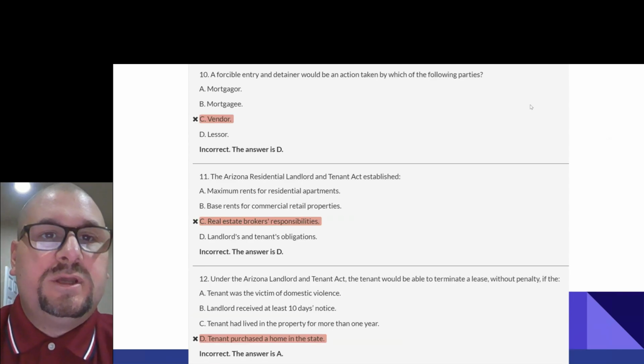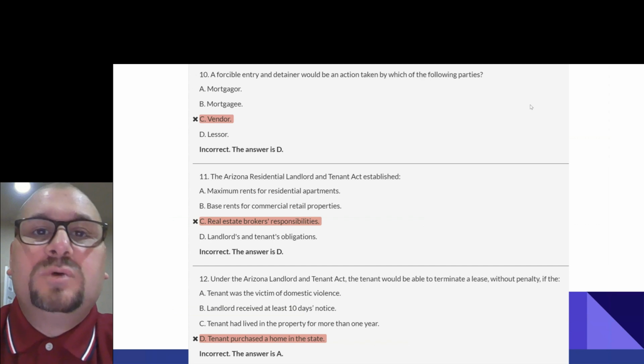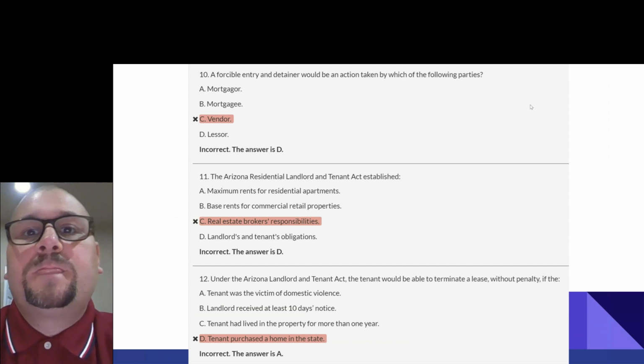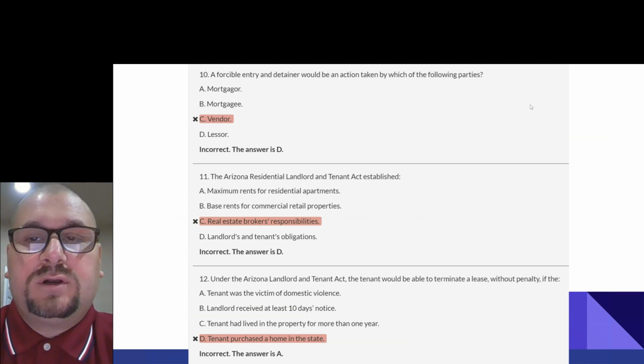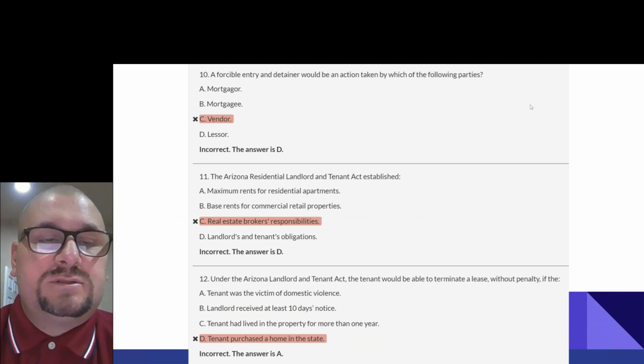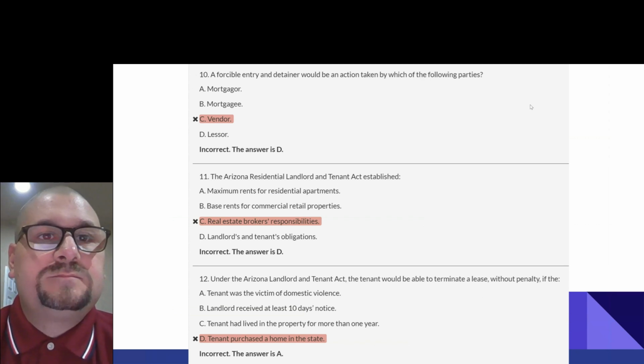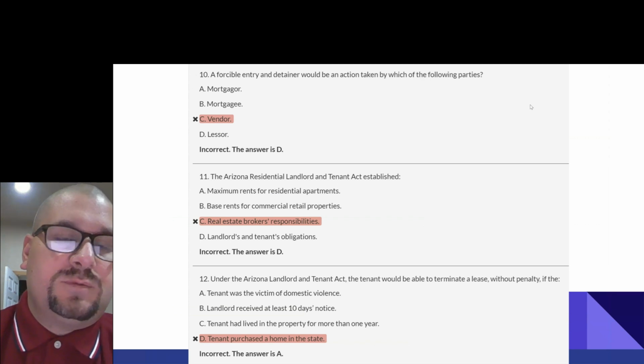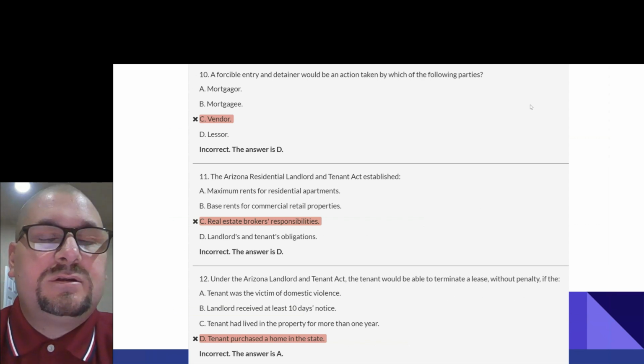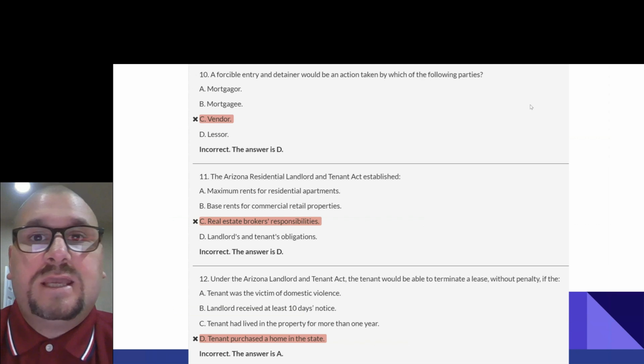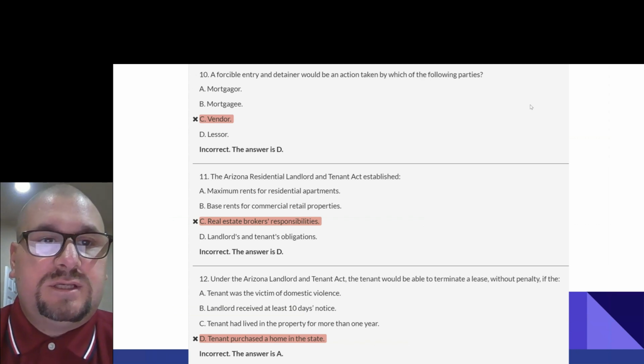A forcible entry and detainer would be an action taken by which of the following parties? Delta, the lessor. The lessor, right?